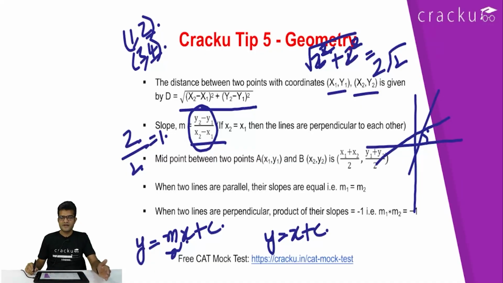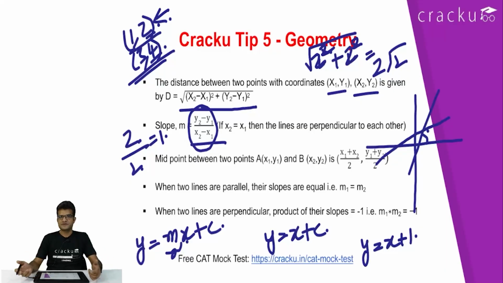We can calculate the value of c by substituting any one of the 2 points. If you substitute the first point, the y coordinate is 2 and the x coordinate is 1. So the equation of the line will be y is equal to x plus 1. If you substitute the second point also, you will get the same equation for the line. This is how you simply and very easily calculate the slope of the line and the equation of the line if you are given the 2 points.